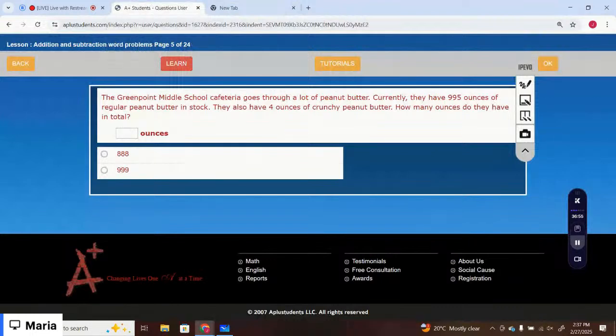The Greenpoint Middle School cafeteria goes through a lot of peanut butter. Currently, they have 995 ounces of regular peanut butter in stock. They also have 4 ounces of crunchy peanut butter.